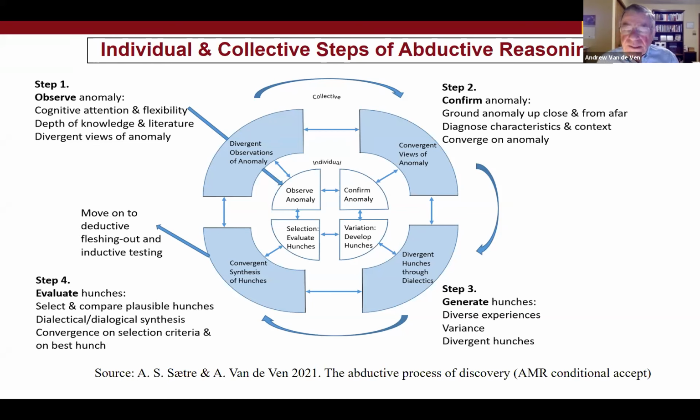When you start looking at the creative process of doing research, we find increasingly that co-authors, collaborators who work together serve as checks and balances on one another, so that I may observe a divergent anomaly.